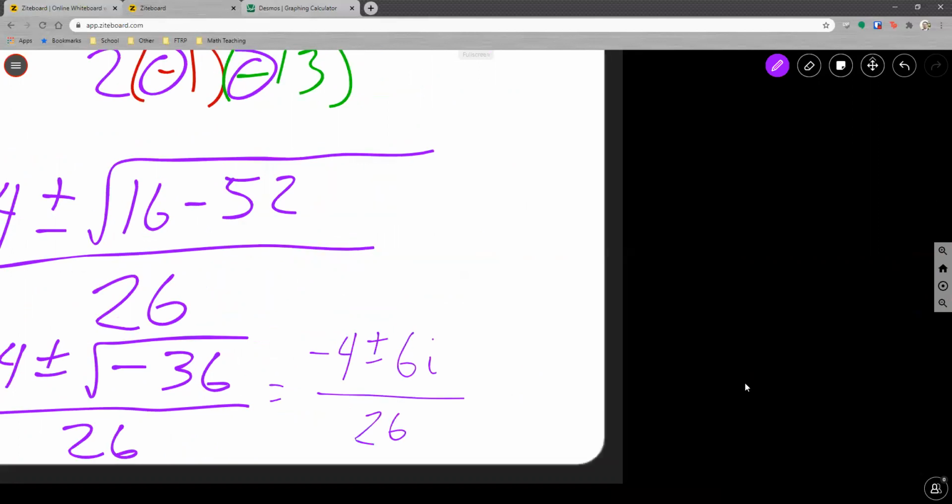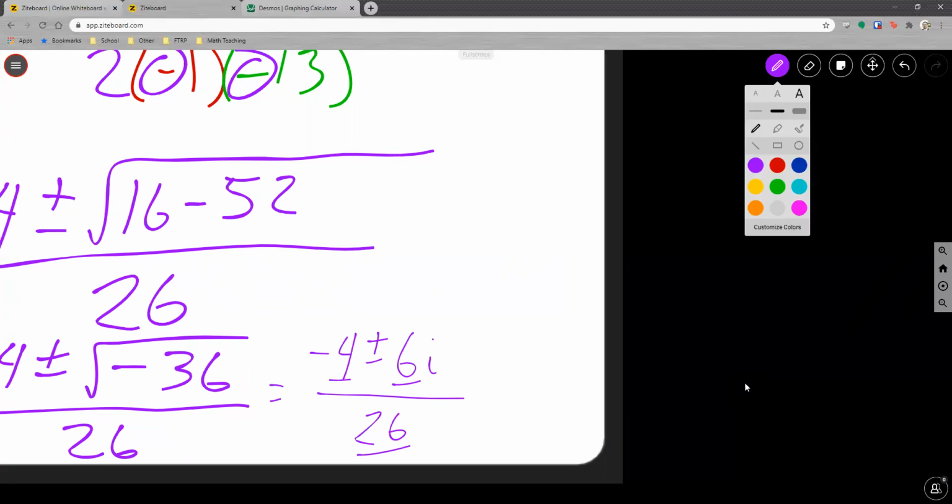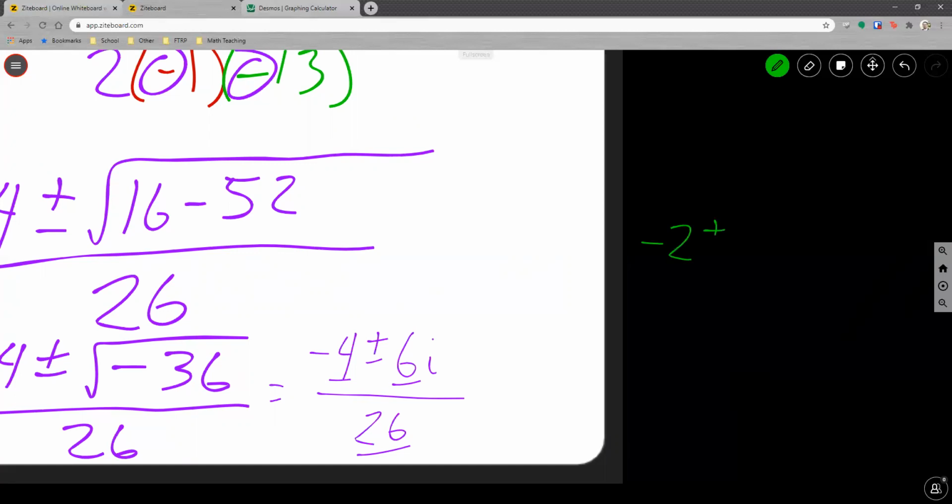Well, 26 doesn't divide this evenly, but I can clean this up a little bit because 4, 6, and 26 are all even numbers. So I can divide all of it by 2. So this cleans up to -2 plus or minus 3i over 13. That's my x value. And if I wanted to write it out, I would write it as -2 13ths plus or minus 3i over 13.